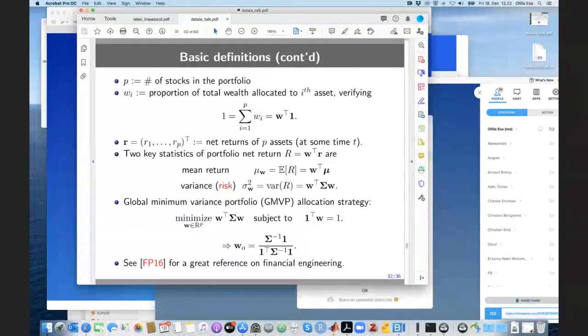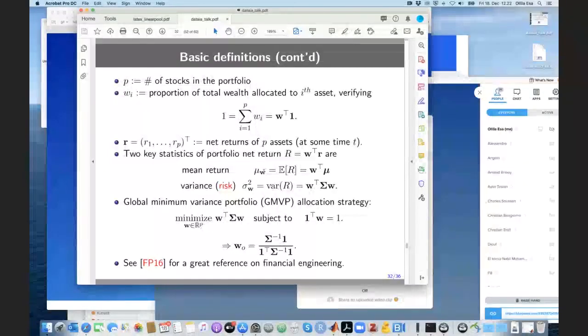In portfolio studies, you have two key statistics of the net return of your portfolio. These are, of course, the mean return, so how much return you get from your portfolio, and also how risky your portfolio is. This risk is described by the variance of the net return of the portfolio.